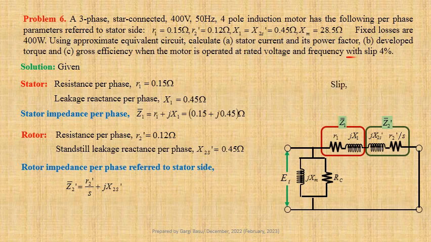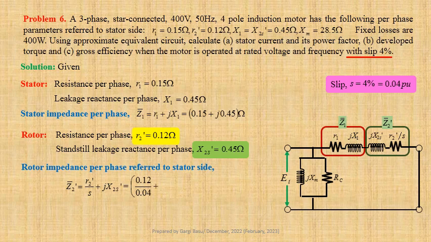Given slip S equals 4%, that is equal to 0.04 per unit. Therefore, Z2 dash equals 0.12 by 0.04 plus j times 0.45 ohm. That gives us 3 plus j times 0.45 ohm.